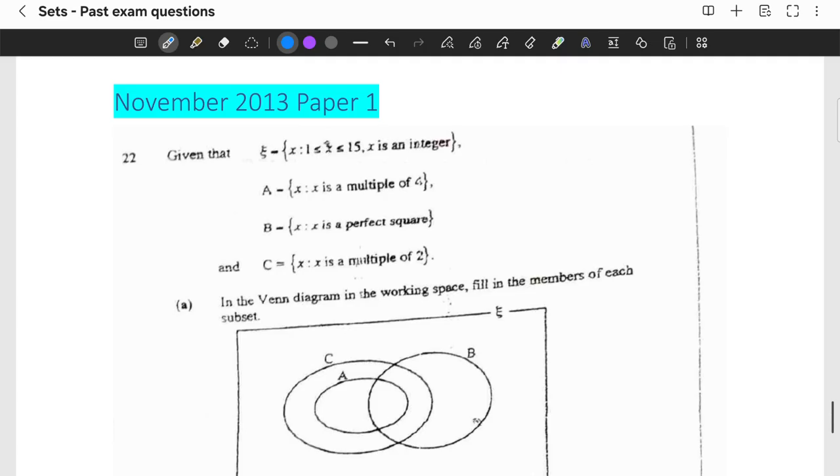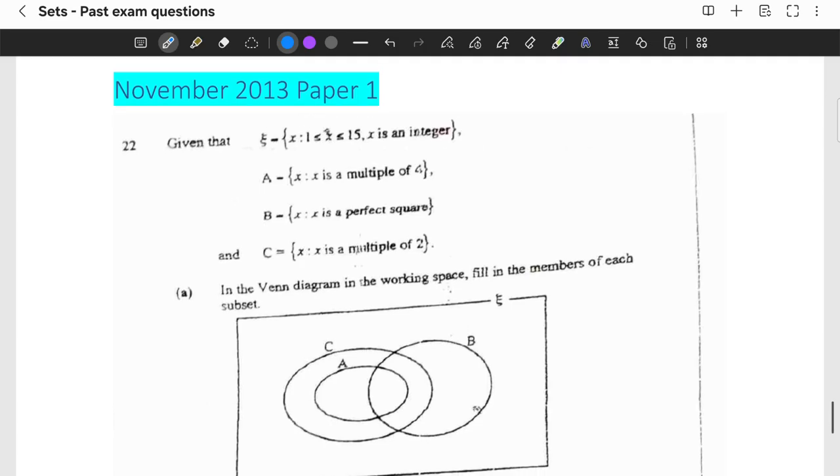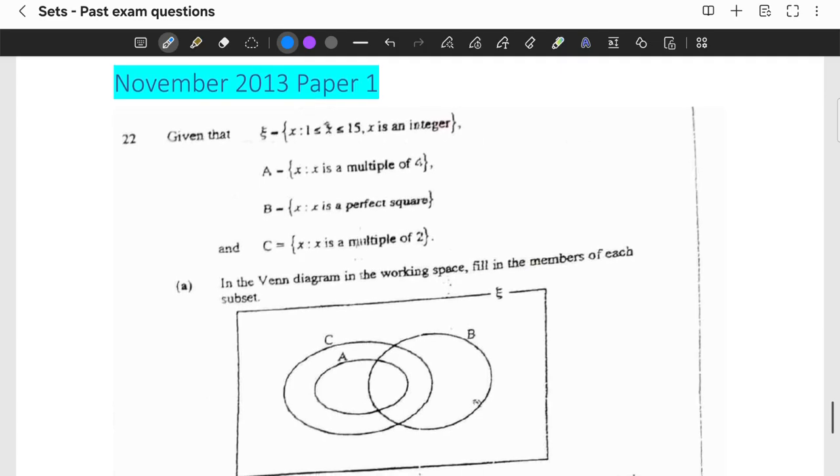Now we go to the November 2013 paper 1. Given that the universal set is a set of numbers between 1 and 15, including, because it's less than or equal to, x is a multiple of 4 for A, B is a perfect square, and C is a multiple of 2. In the diagram, fill in the numbers of each subset. So let's just write those down.